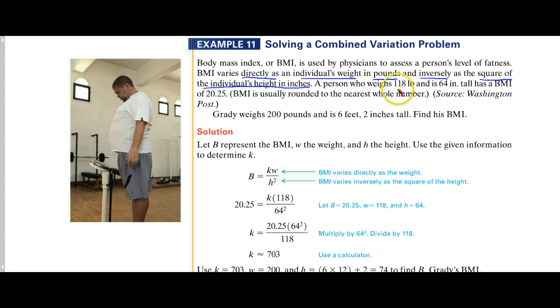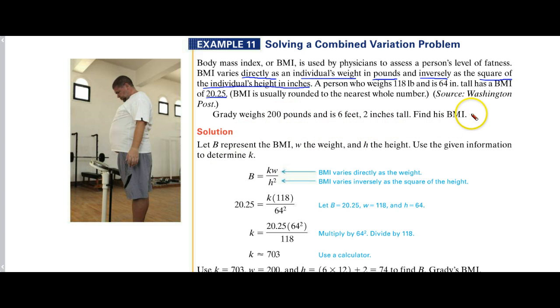A person who weighs this much and is this tall has a BMI of this. So here we're going to find out what K is in this formula and then apply it to a person that has this weight, this height. So let's look at it.